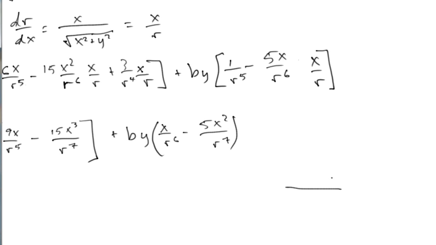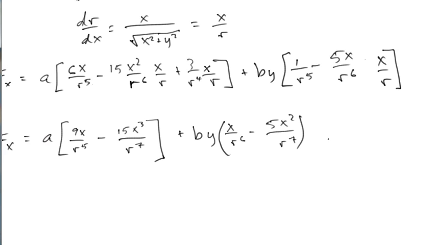And this needs some erasing, then. That's 1 over r to the 5th. Alright, I think I fixed that up.